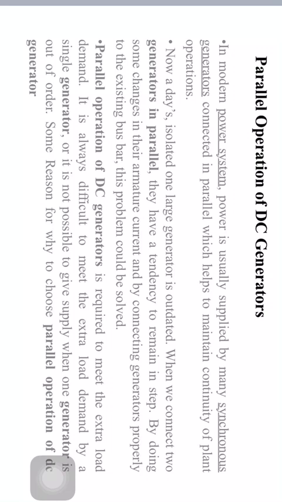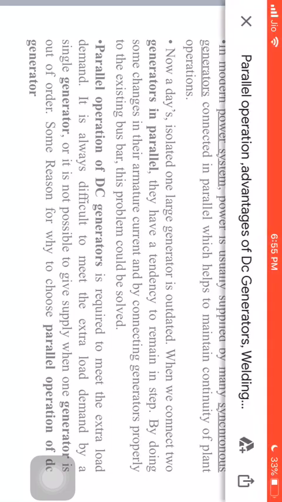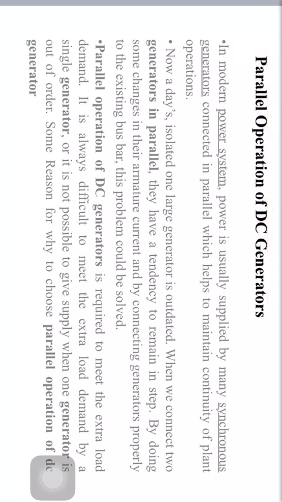So we go for parallel operation of DC generators: instead of placing one large generator, we use two smaller generators in parallel.